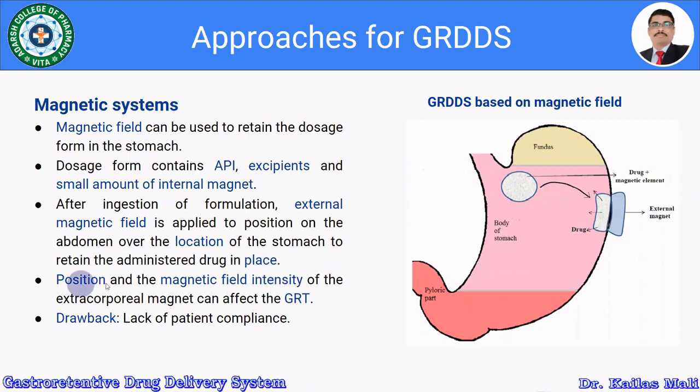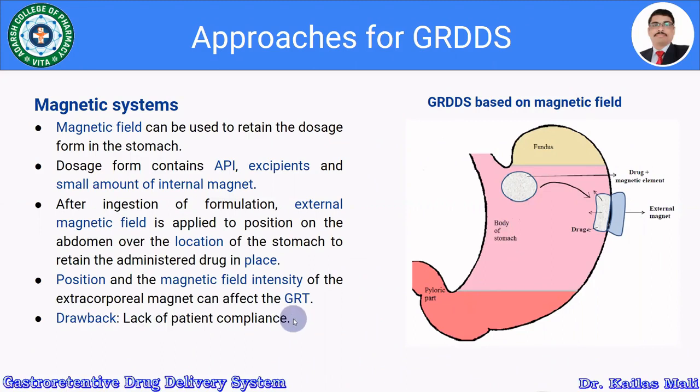The position and the magnetic field intensity of the extracorporeal magnet can affect the gastroretention of the formulation. The main drawback of the magnetic systems is the lack of patient compliance. So this is about the magnetic system.